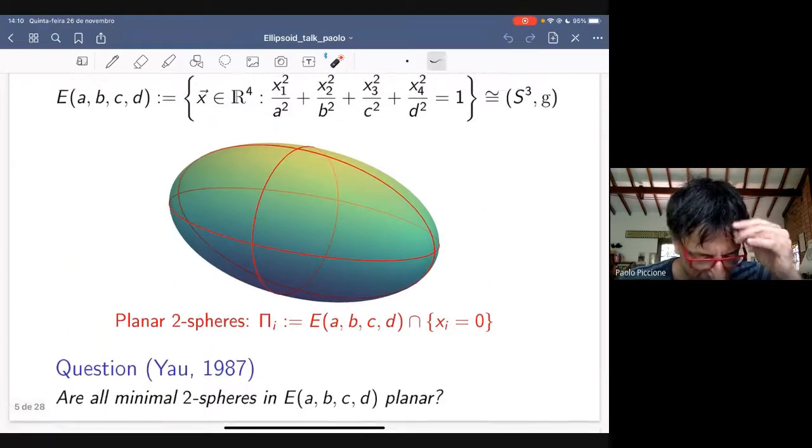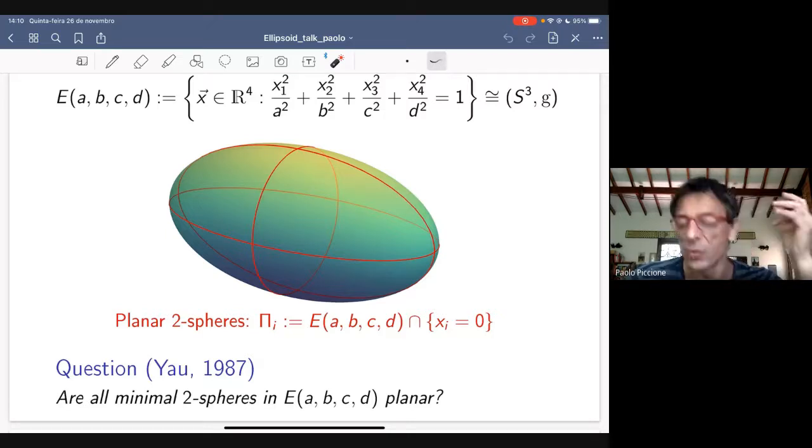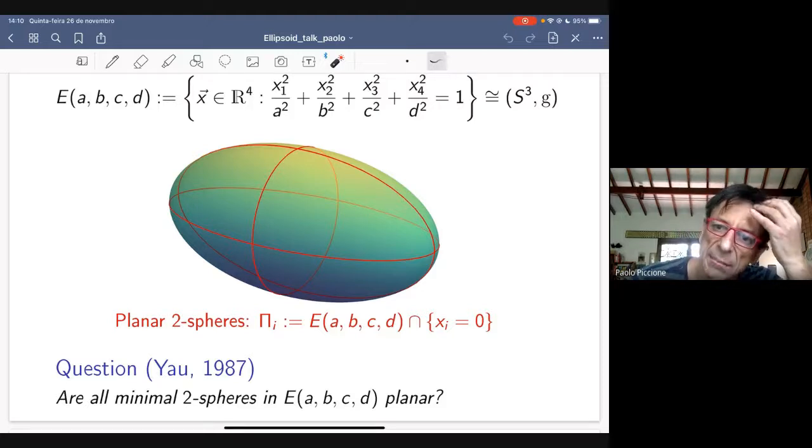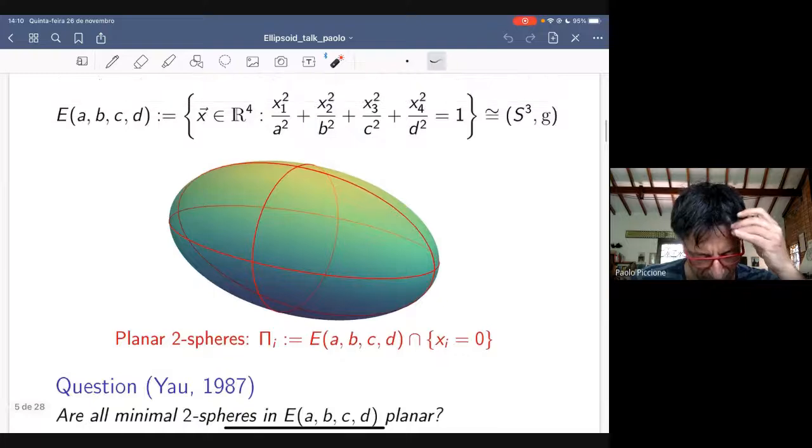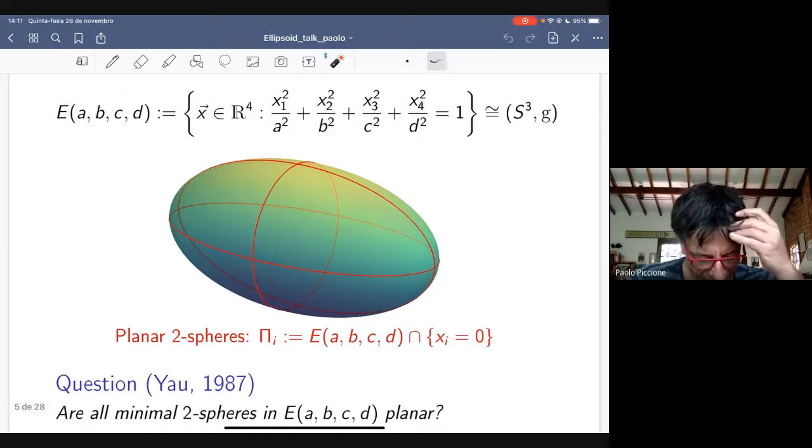There's a famous question of Yau in 1987, asking whether all the minimal 2 spheres in ellipsoids are planar. That is, if these are the only minimal spheres that you can find in ellipsoids. Okay. And let me say that, okay, probably I should make a comment on this.